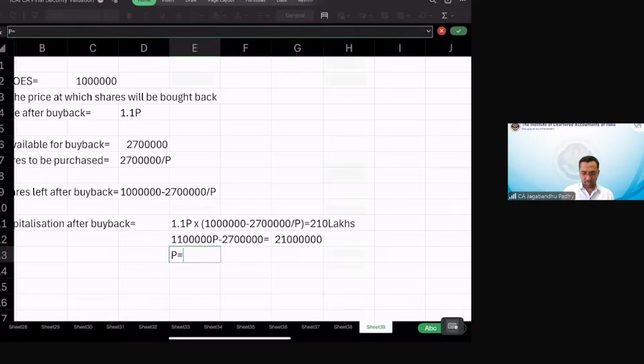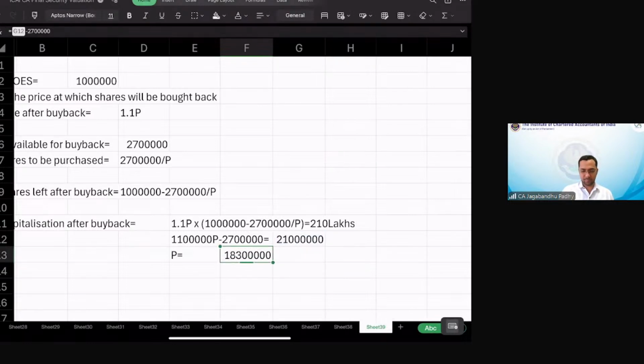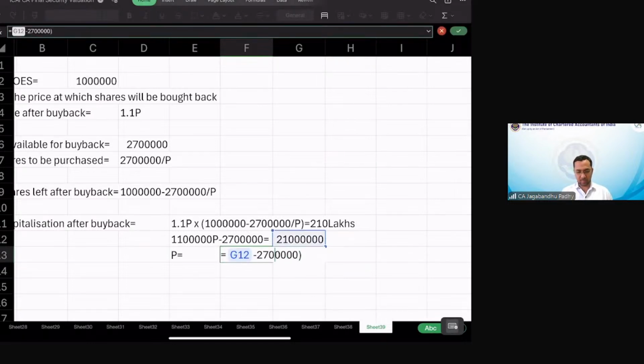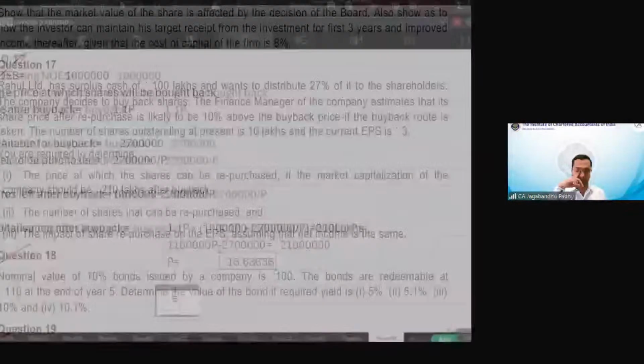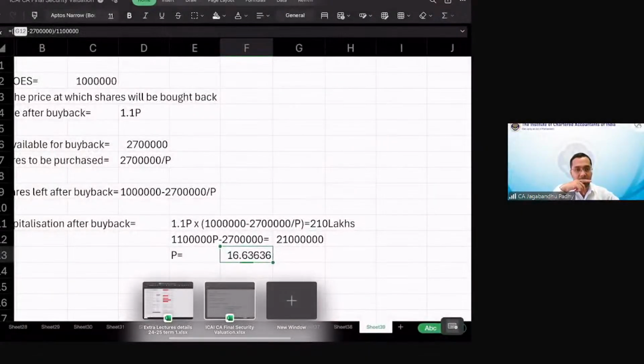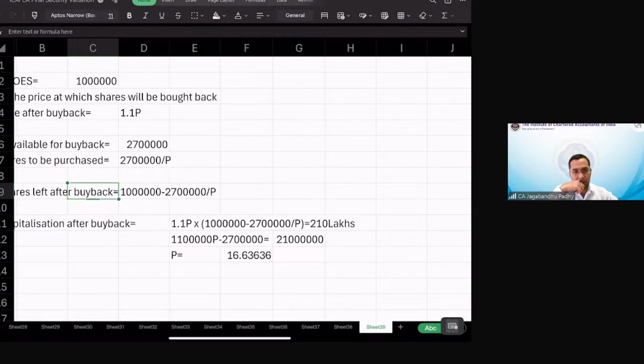So what will be the value of P? 210 lakh minus 27 lakh, this entire thing divided by 11 lakh, which is 16.63. Is it? Or is there a mistake?